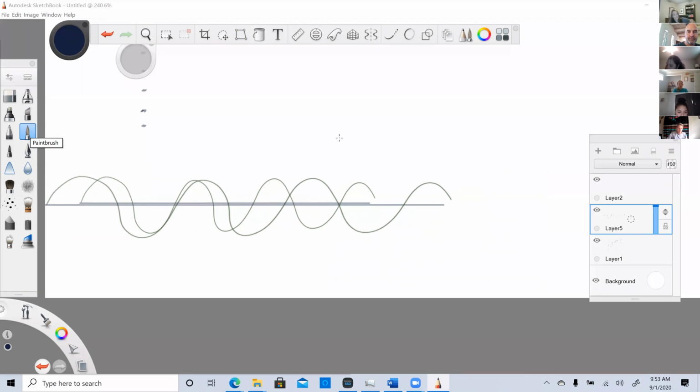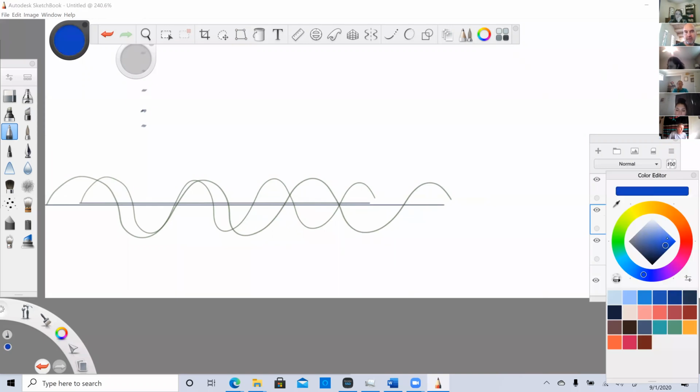Sometimes they are destructive. You see that a peak lined up with a trough. And sometimes they are constructive. So it goes back and forth.